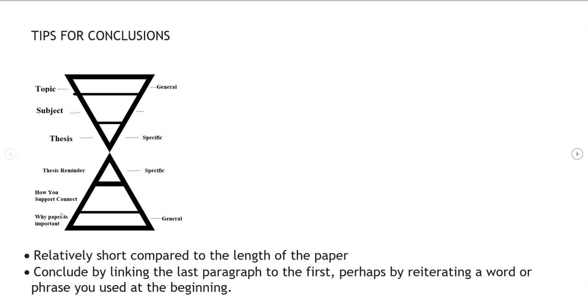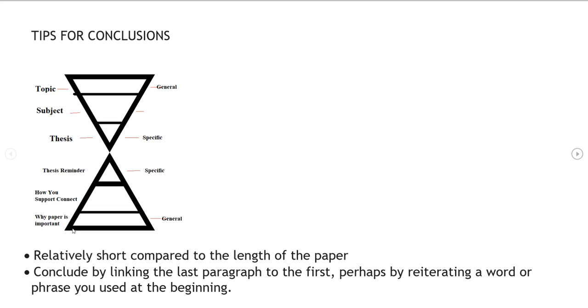So, if we follow the structure, just like I said that your introduction should be relatively short for a 4 to 6 page paper, your conclusion should be relatively similar in size to your introduction, if not even slightly shorter. Thesis reminder, 1 sentence. How you connect your support, 2 sentences.